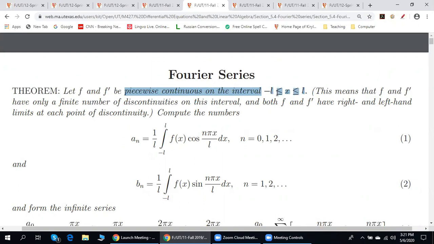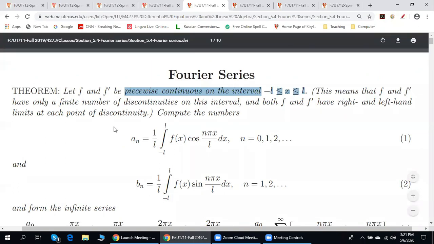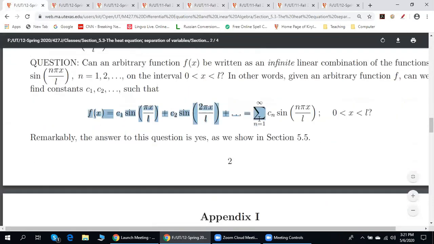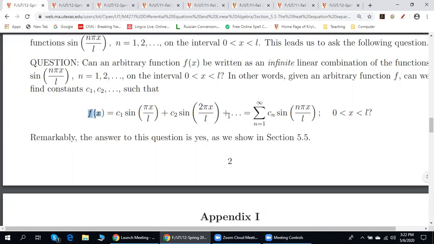By the way, let me make the following remark. This theorem does not allow us to solve this problem yet, because in this particular case, we want to write f as an infinite linear combination of sines only.